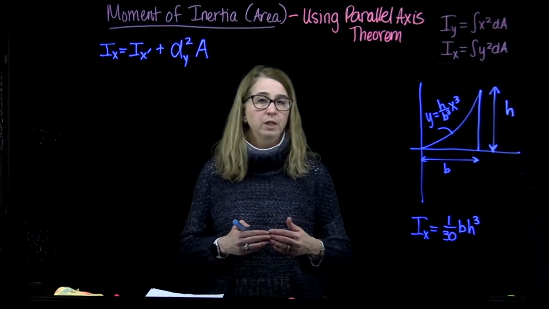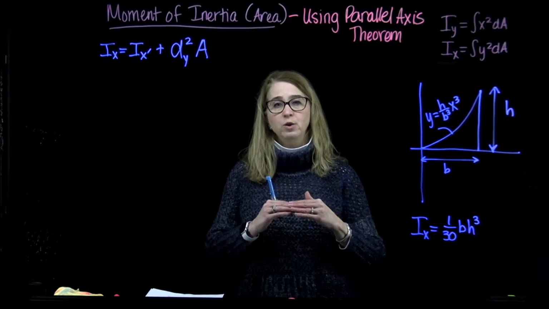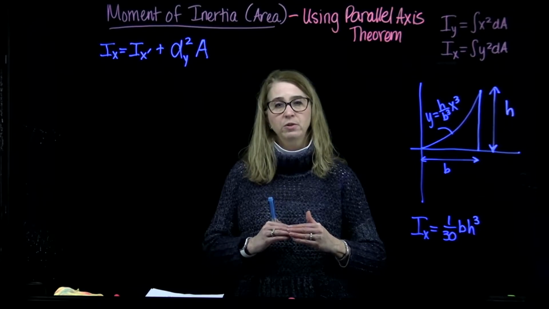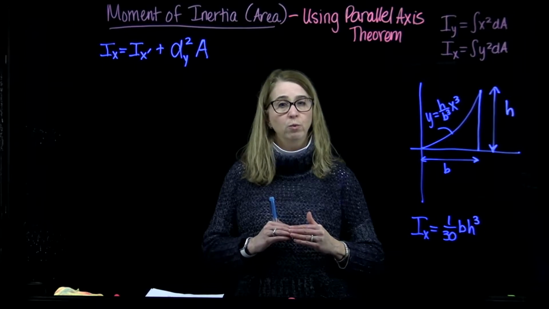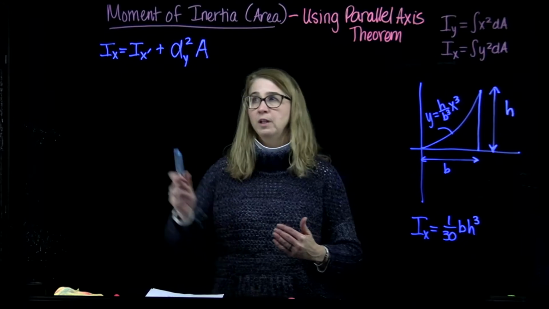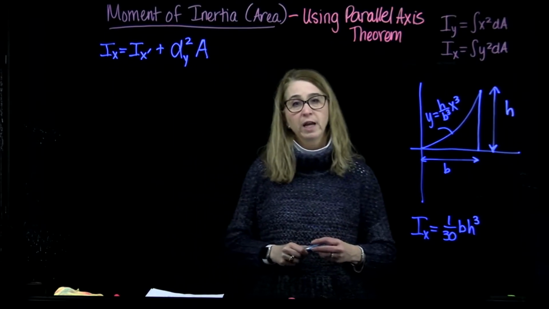But then the question becomes, is there an easy way to think about the case where we have simply moved that axis from passing through the centroid, but kept the new axis parallel to the original one, and now we want to know that new moment of inertia? Well, that's what this expression is, and that's what the parallel axis theorem tells us.